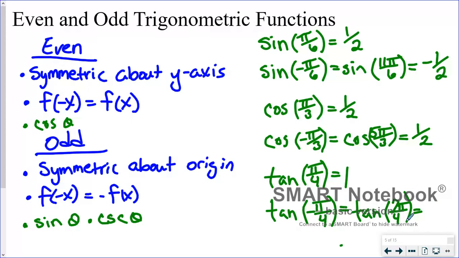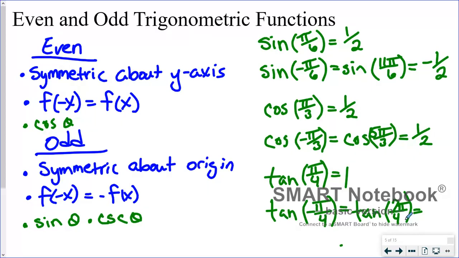So if we do the tangent of 7 pi over 4, our coordinates there are square root of 2 over 2, negative square root of 2 over 2. So if we do the y-coordinate divided by the x-coordinate, what is the negative of something divided by the positive of the same thing?